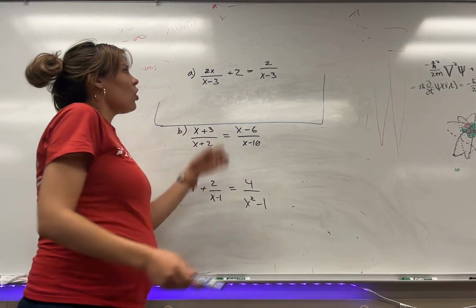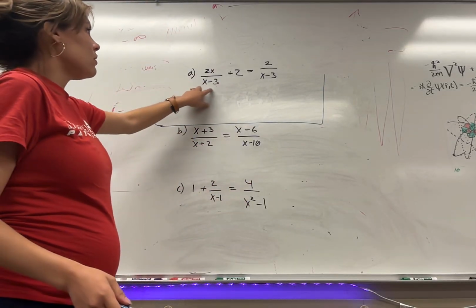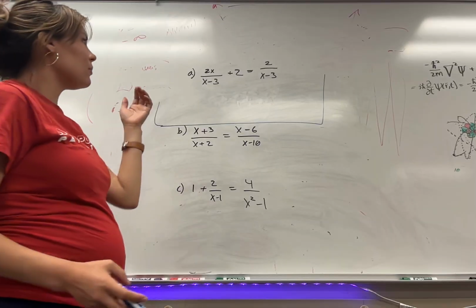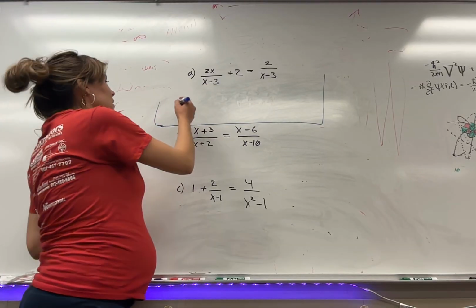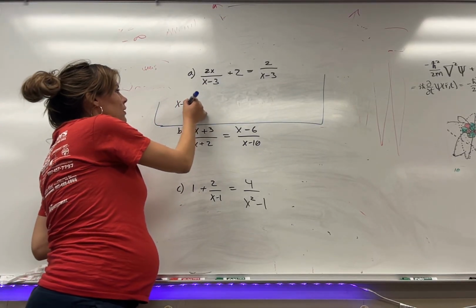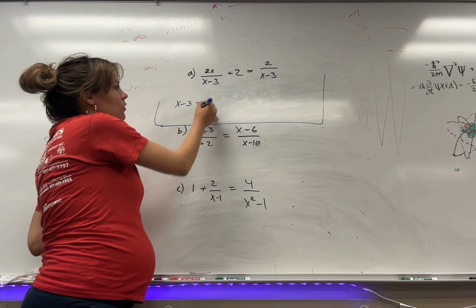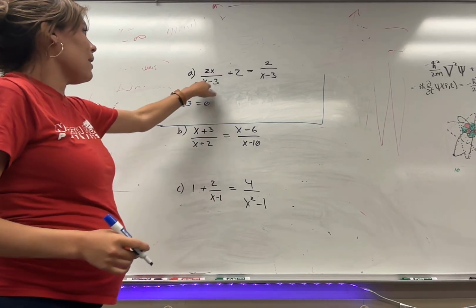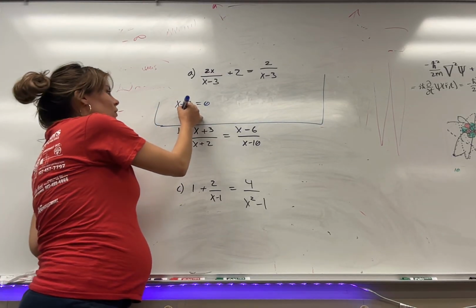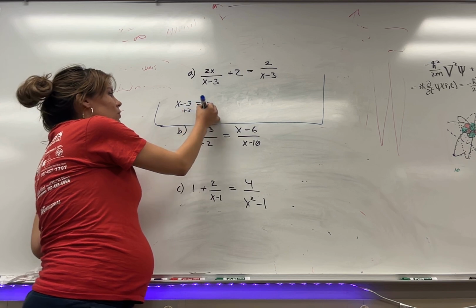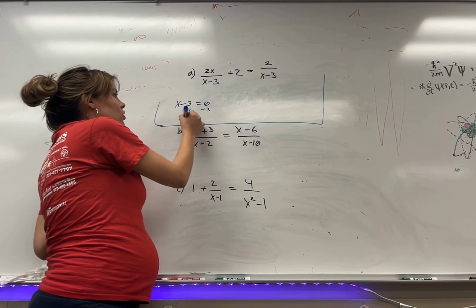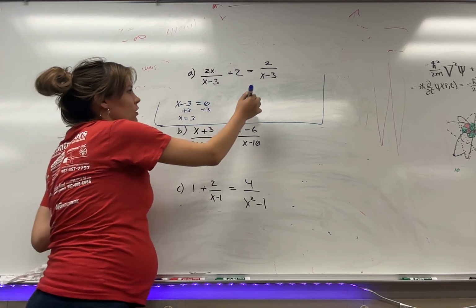And so what would cause division by 0? These are fractions. Well, we simply take the bottom of the fraction, we say x minus 3 equals 0. When does this happen? Well, we'll just solve this as a one-step equation. We add a 3 to both sides of the equation, and we get x is equal to 3. So, same over here.